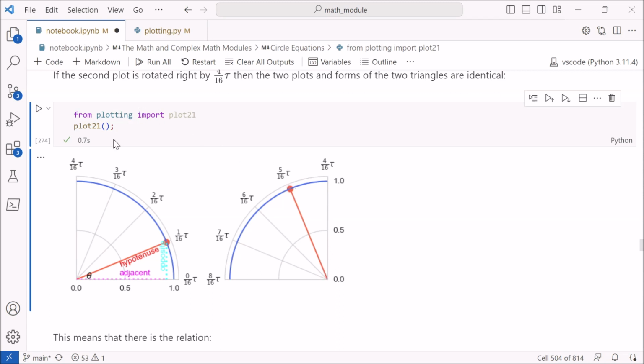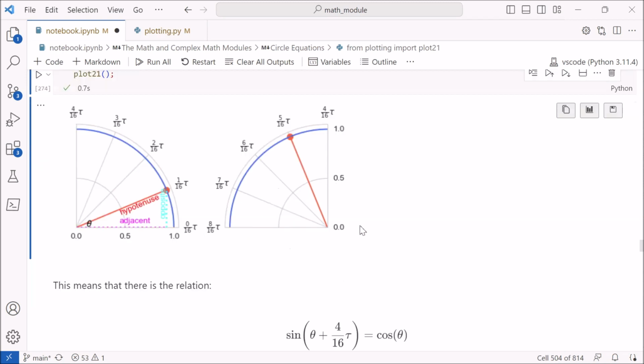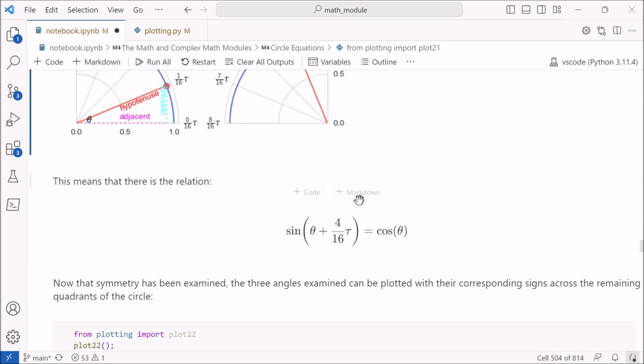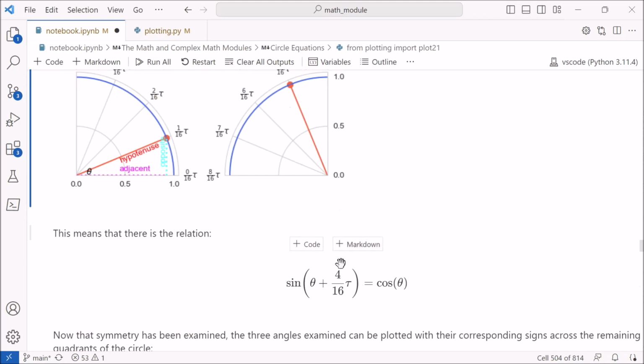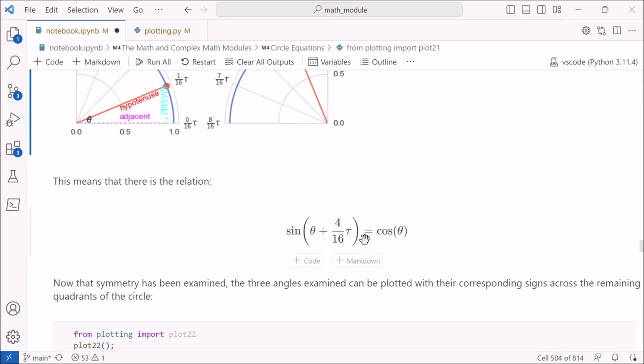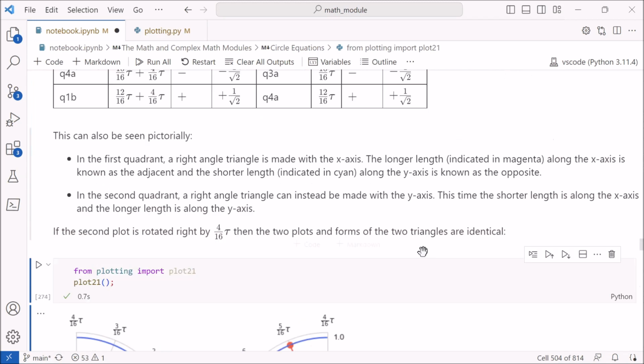So this is the mirrored symmetry, and it means there's a relation that sine of the angle plus a quarter of the circle is the cosine. So the angle plus a quarter of the circle is the cosine.